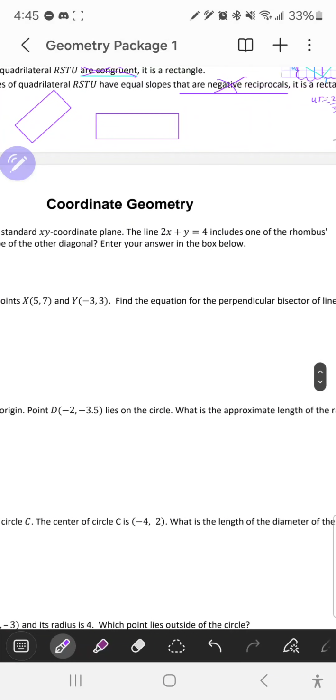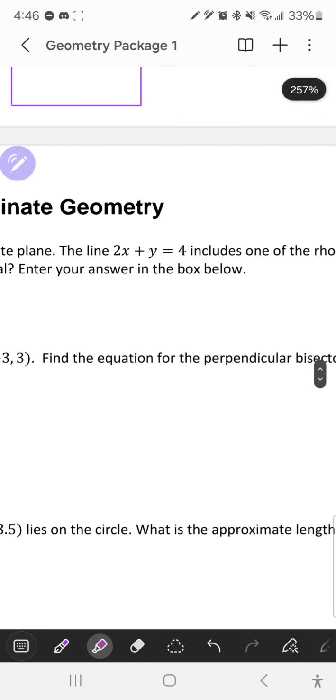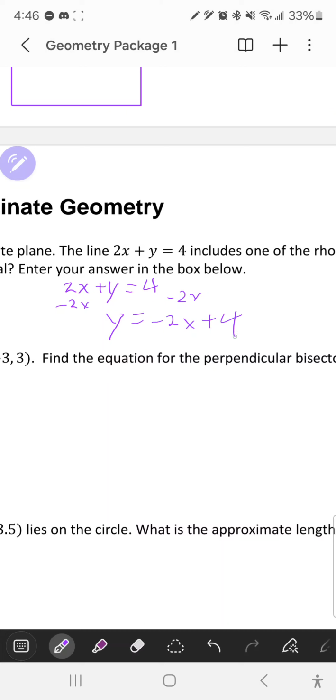Okay. Now first, let's see the slope of this line. So I have 2x plus y equal 4, and I want to leave the y on one side, so I subtract 2x from both sides, so y equals negative 2x plus 4.